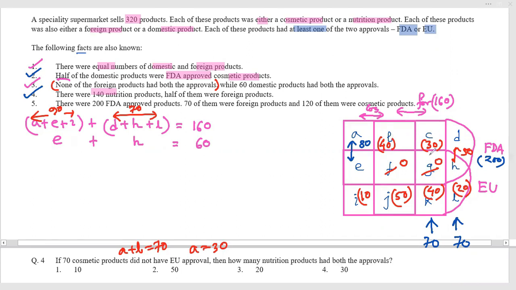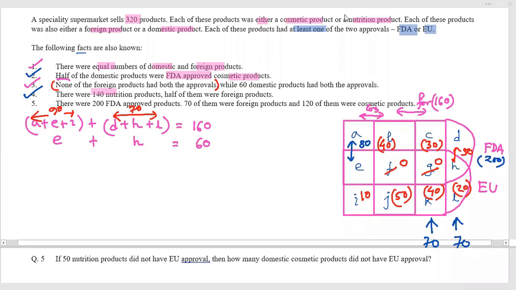Nutrition product is this, both the approval is G plus H. So talking about H, how much? If A is equal to 30, so E will be equal to 50. So E is 50 plus H is equal to 60. So H will be equal to 10. So answer option 1, 10.